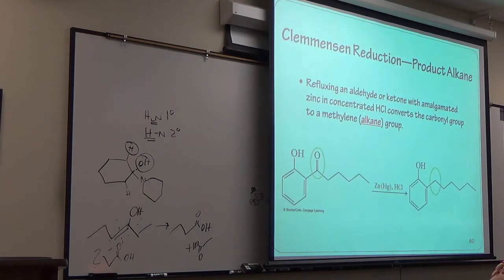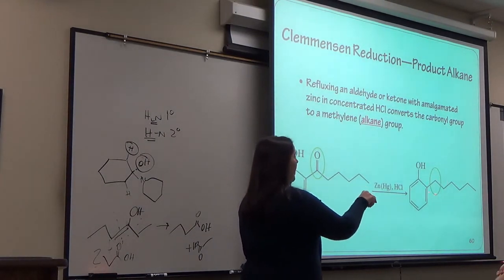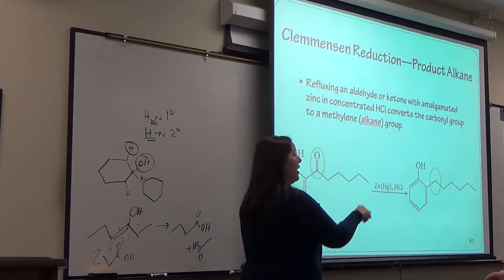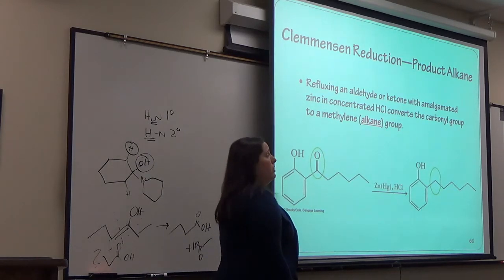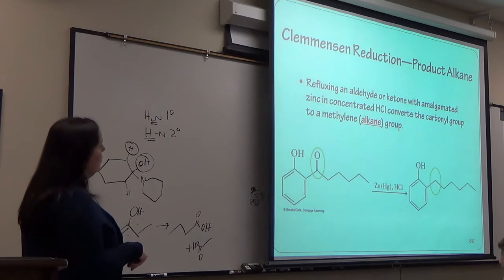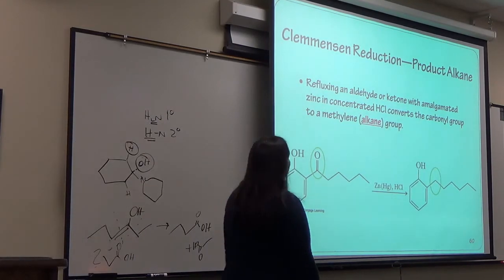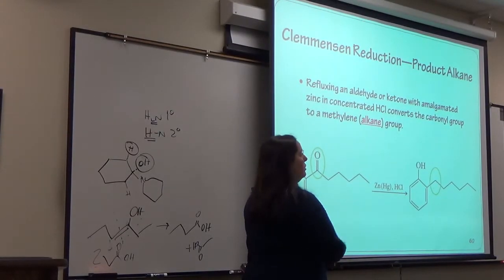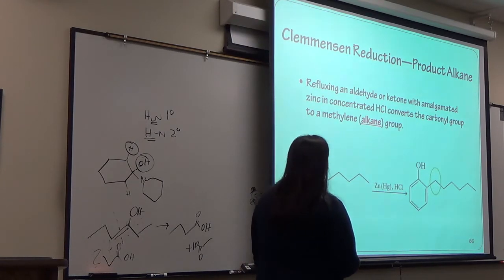All right, now what if I want to reduce all the way down to the alkane? I don't want it to be an alcohol, right? I just want it to go all the way to the CH2. What reagent would I use then? Well, this is called the Clemmensen reduction. So this is with zinc. It's a zinc-mercury couple in the presence of an acid, so HCl is present there.